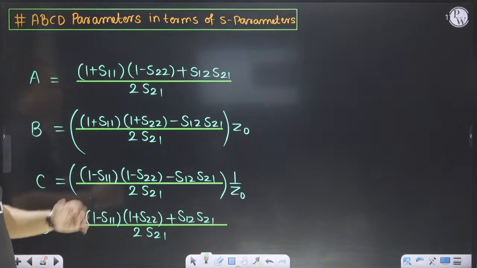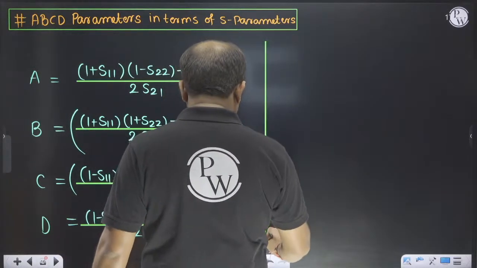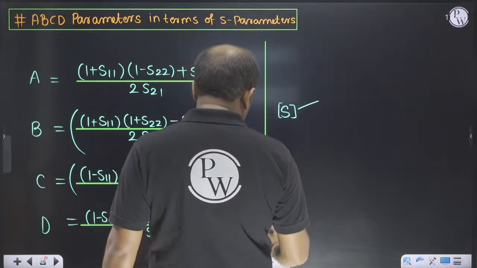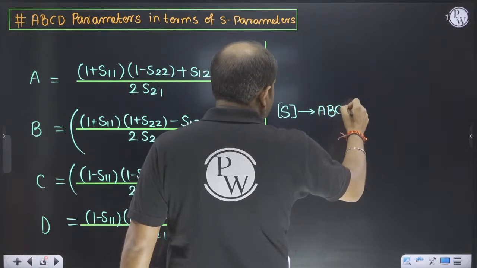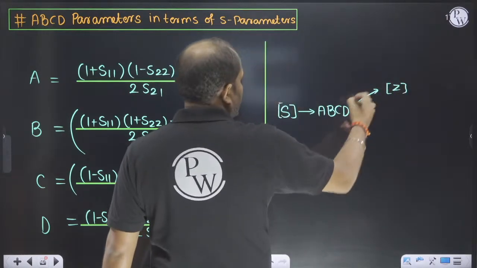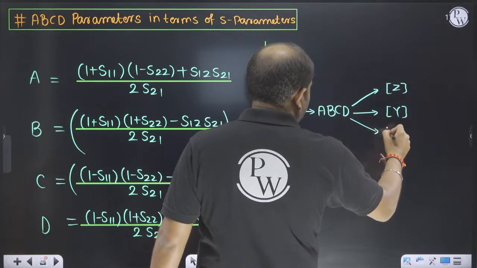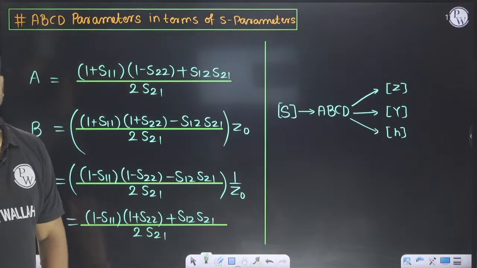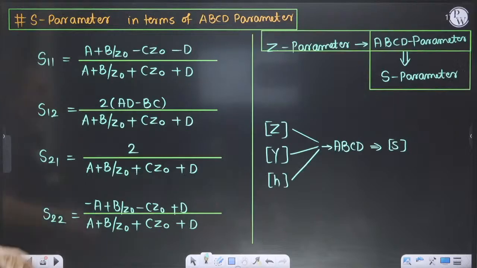The second way is that they will give S parameter, then you find ABCD parameter, and then they will ask Z parameter. So S parameter to Z parameter, S to Y parameter, S to H parameter; you can find these easily.